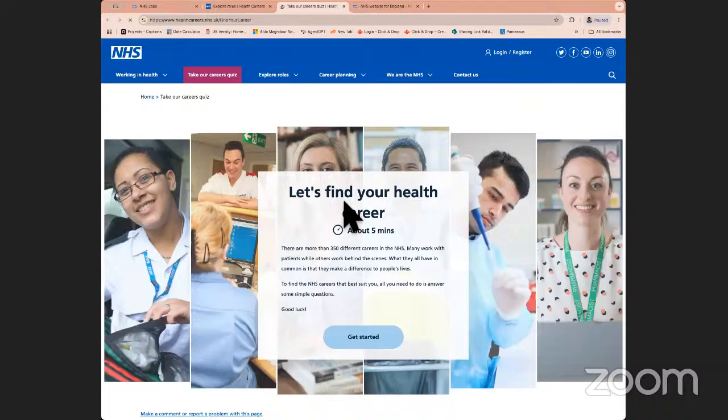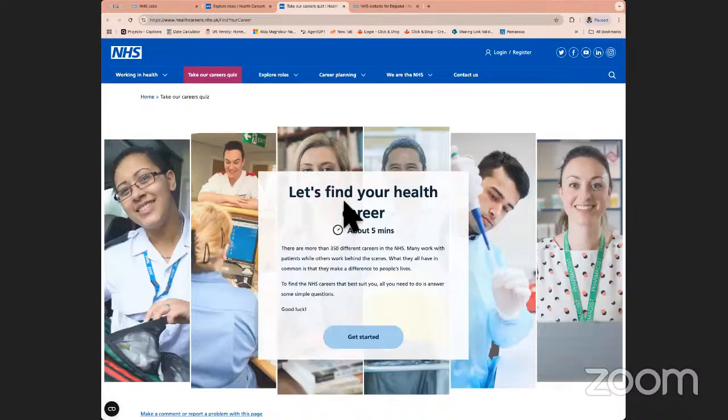Now, this is a short quiz which the NHS has designed, because there are lots of things that I want to do or I want to take up in terms of working within the, say, health and social care sector. I might be very tempted to look at taking a small quiz, which will ask me a few set of questions about my skills, my abilities, my thoughts, my interests, and where it is that I want to be when I look at picking up a job or stepping into a job.